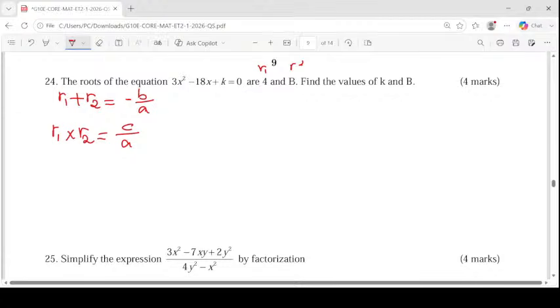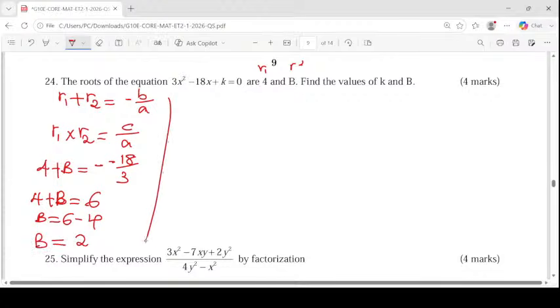So when I take 4 plus b, which is the sum of the roots, I should be getting negative b over a, which is negative negative 18 over 3. So 4 plus b will be equivalent to 6. Then b will be 6 minus 4. The value of b will be 2.